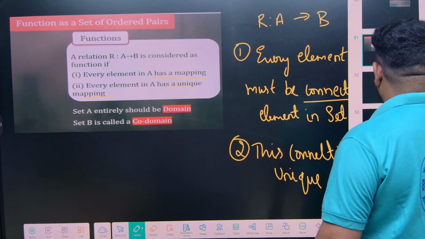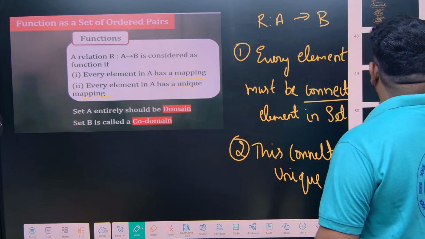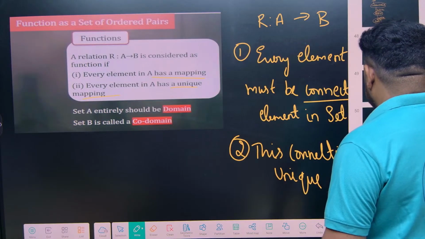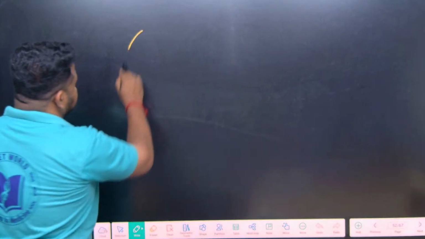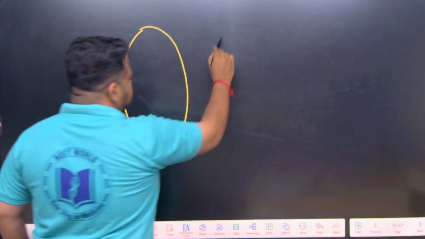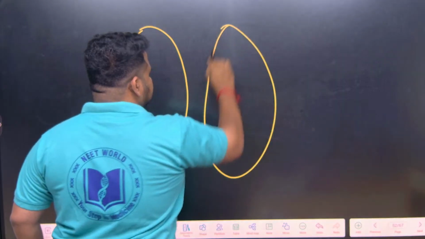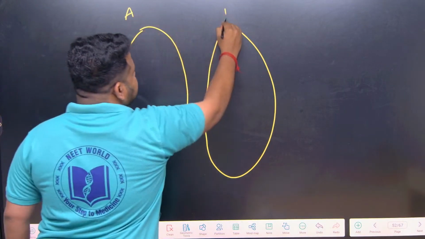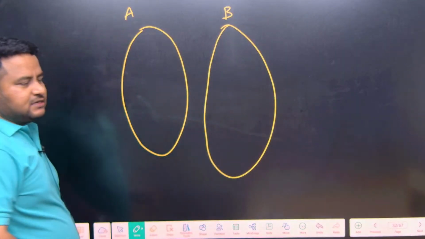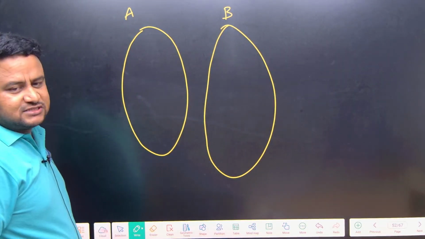Let us take an example for this. There are two sets. Let this be set A and let this be set B. Let us use a real life example.